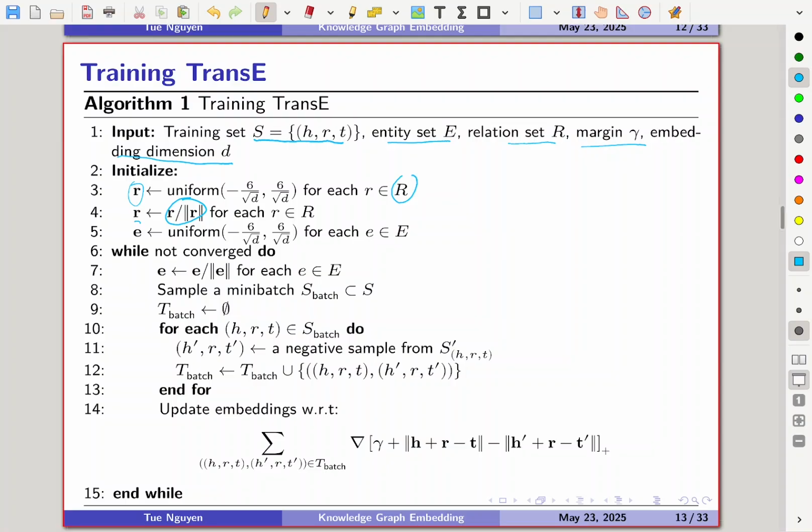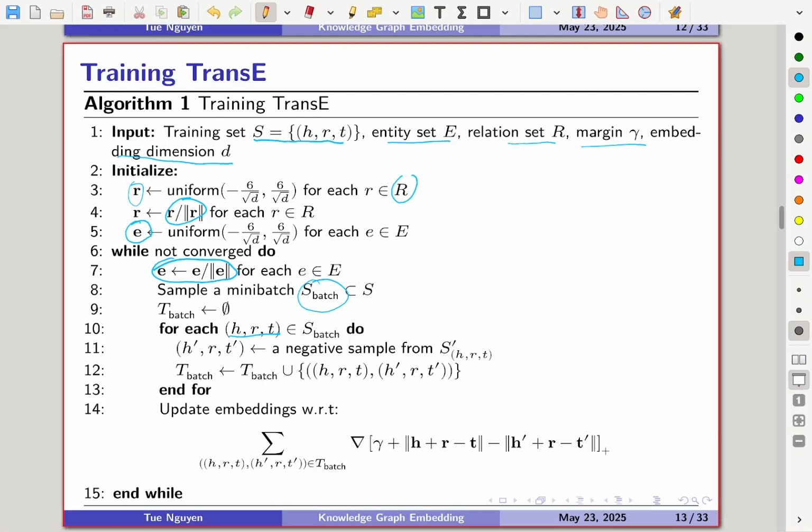We also initialize random values for the entities using a uniform distribution. Then we perform the loop. Inside the loop, we normalize the entities to unit vector length, and we sample a mini batch. For each triple in the mini batch, we generate a corrupted triple for this specific example by replacing the head or the tail with a random entity.